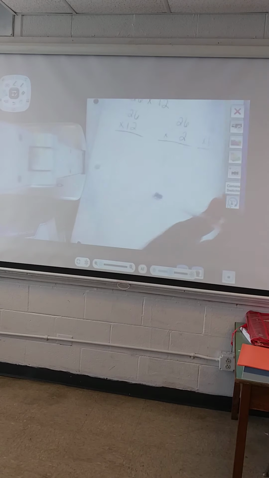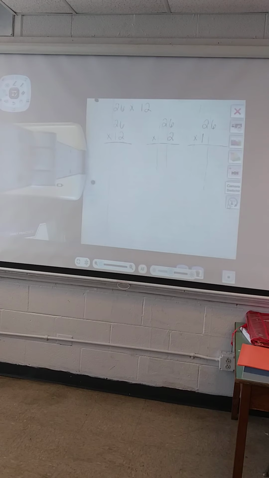Real important, everybody, in math, you've got to have these numbers stacked up right. Because if you don't have it stacked up right, that'll mess you up a little bit.